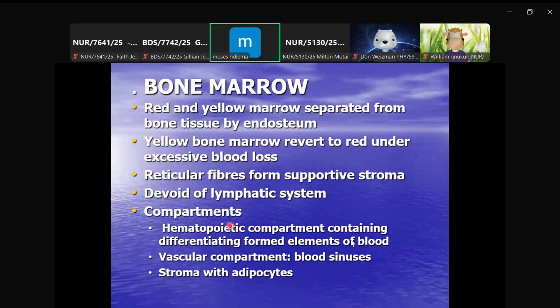And then at the stage of the orthochromatophilic erythroblast, the nucleus is extruded from the cell. This stage is also called normoblast in some books. So we have an extruded nucleus.